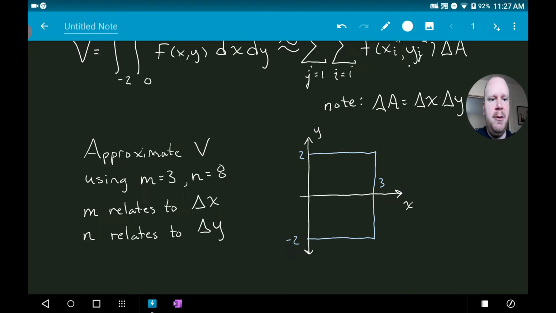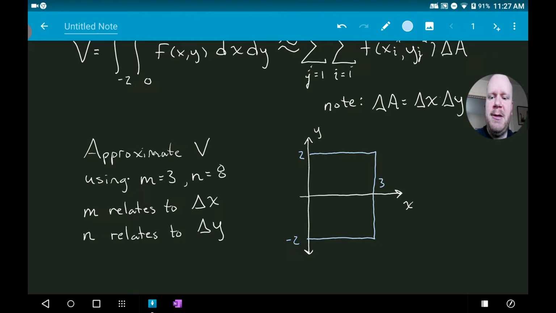And I think it's better to show you what I mean than to try to explain it too much, but m is the number of separations that we make, or the number of little compartments that we're going to make in the x direction, and n represents the number of separations we're going to make in the y direction.